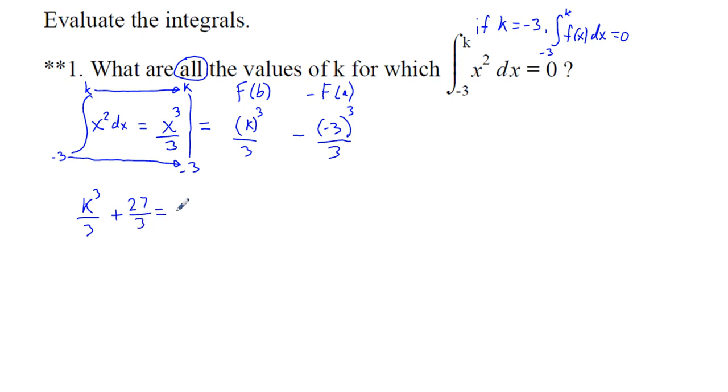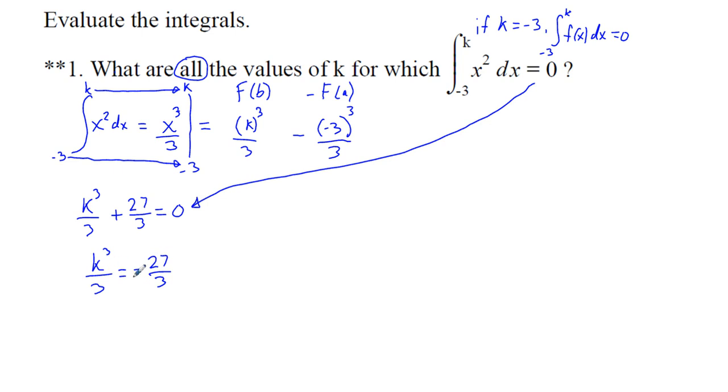It's going to be equal to 0. Okay, that's where our 0 comes from here. And working below, if we solve for k, we're going to have k cubed over 3 equals negative 27 thirds.